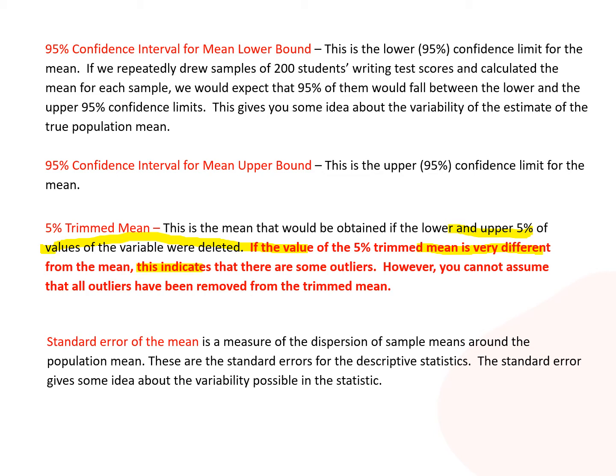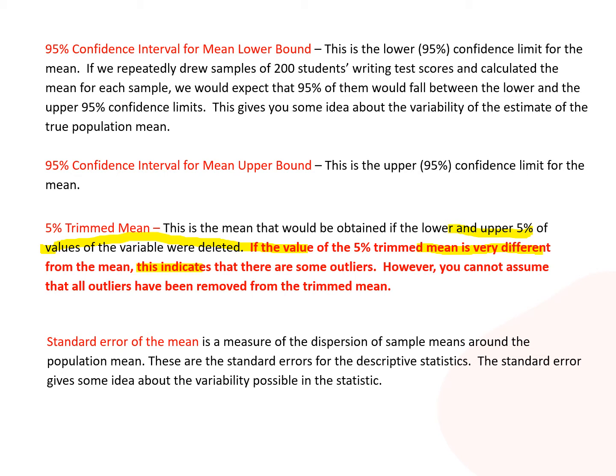So usually, guys, if the difference of the value exceeds 10% or greater, that will give you the idea that there are indeed outliers in your sample. So again, if the values of your 5% trim mean and your mean are very far from each other, it indicates the presence of outliers.